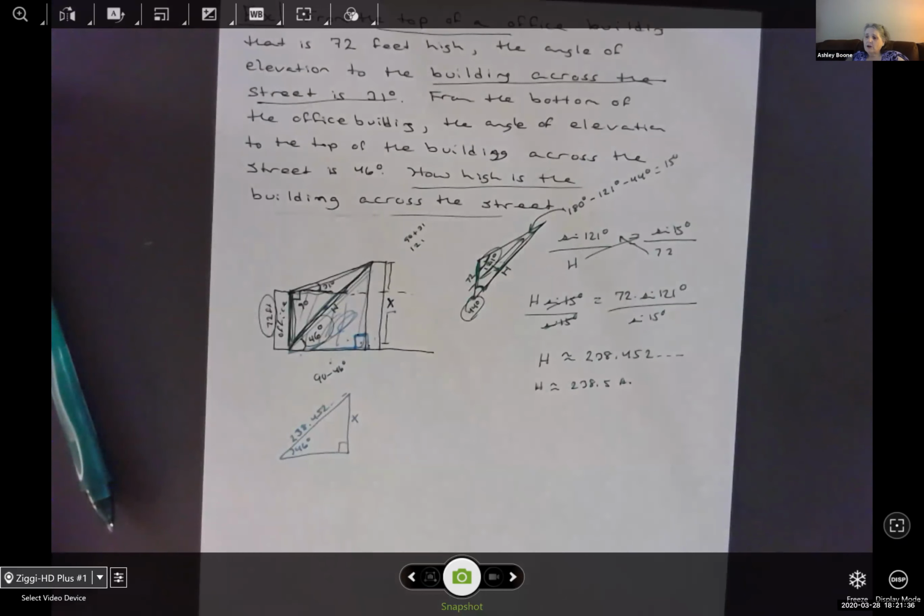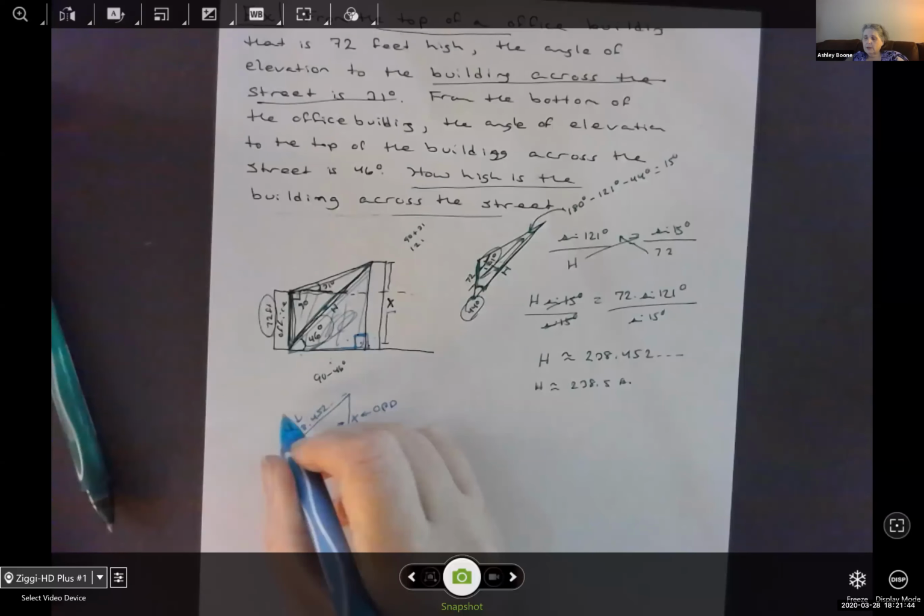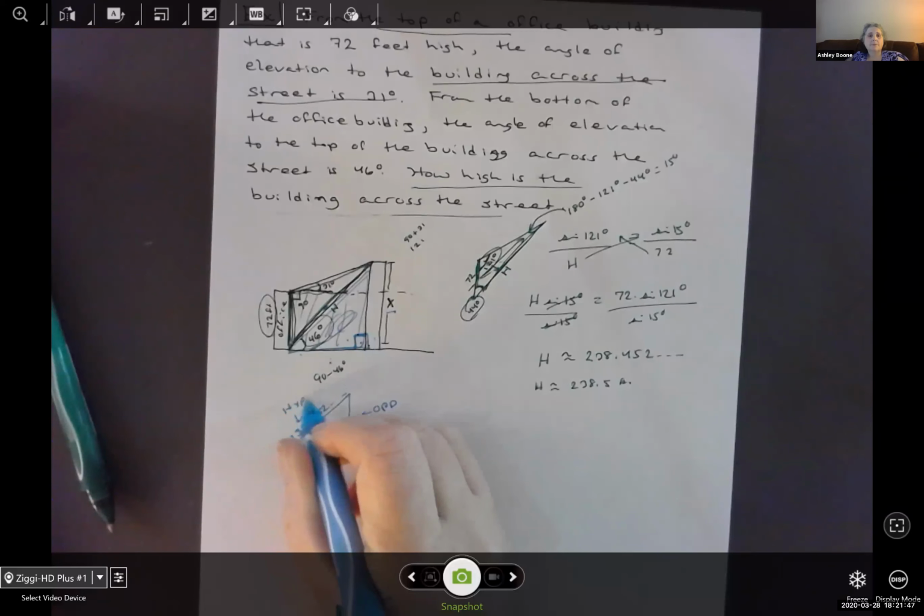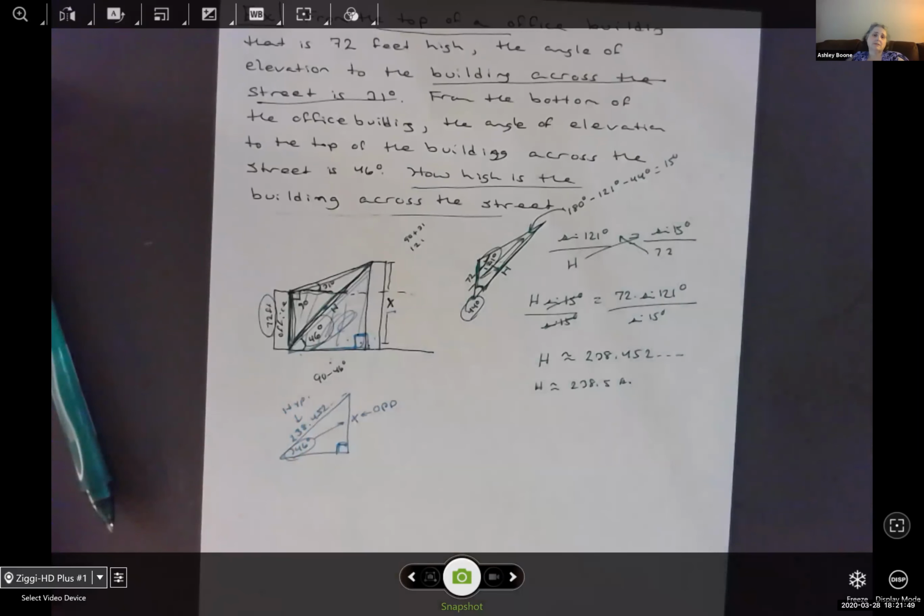We have a right triangle. Notice for this 46-degree angle, the X is the opposite side, and the 238 point blah, blah, blah is the hypotenuse. Think about your trig functions with right triangles, your trig ratios. Which trig function involved opposite and hypotenuse? It was sine. The sine of any angle is equal to the opposite over the hypotenuse.